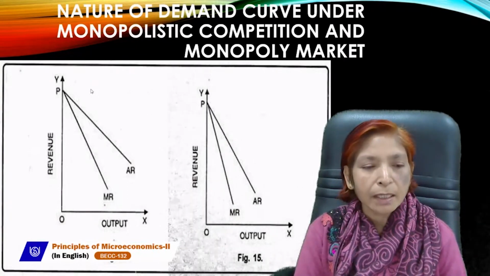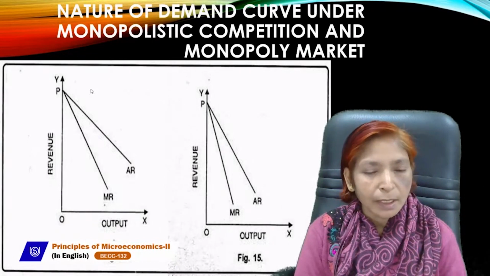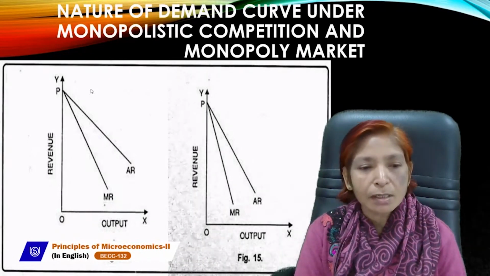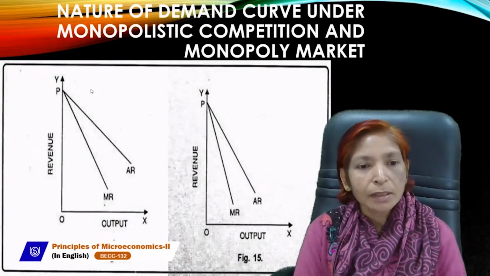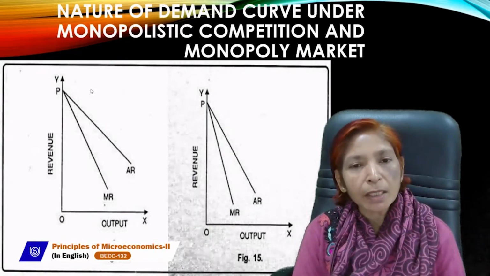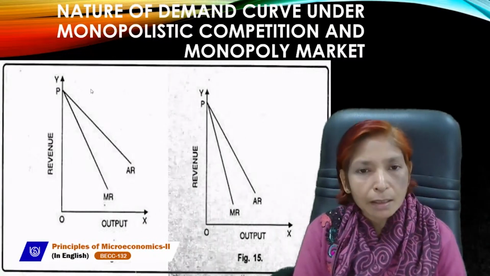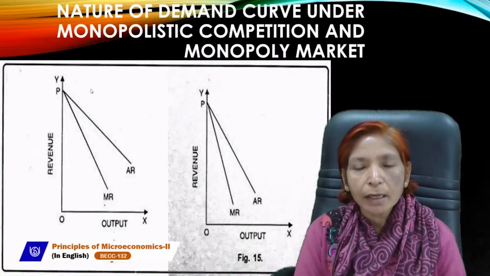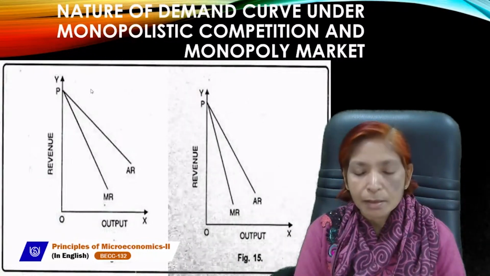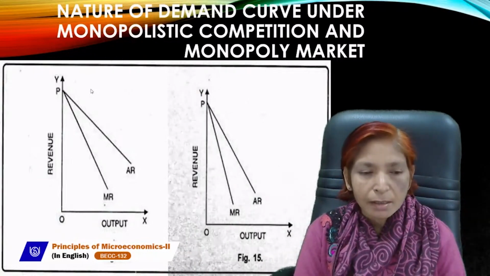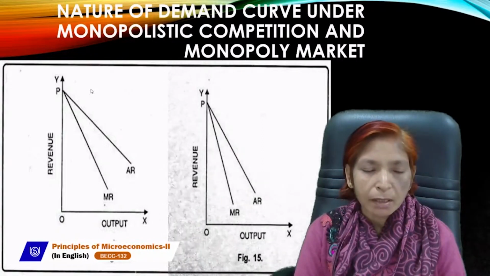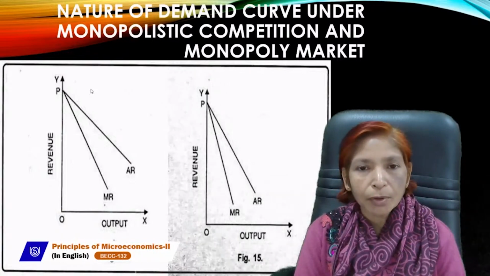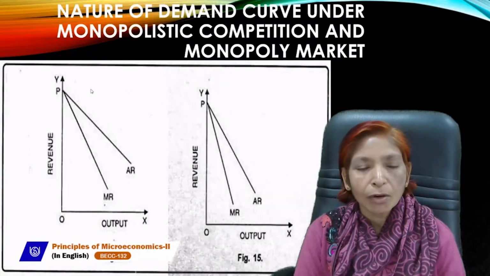The reason behind a more elastic and a less elastic demand curve is only one: if close substitutes are available in the market, then demand will be highly elastic. If no close substitutes are available, then demand will be less elastic. That's why the slope of the curve may be flatter or steeper depending on how closely related the products are.